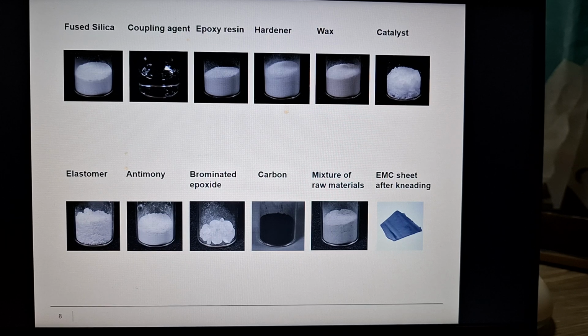This is called the B stage, the preliminary reaction of the raw material. You don't have to apply too much heat because it will strengthen the reaction, which may cause a problem later when you apply it during the encapsulation process. All right.